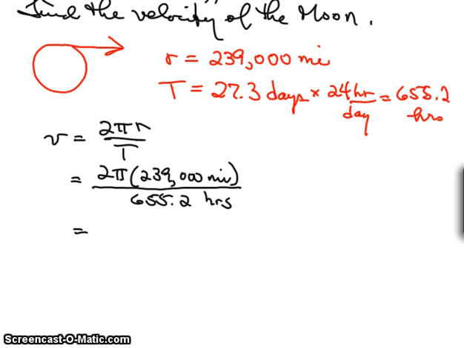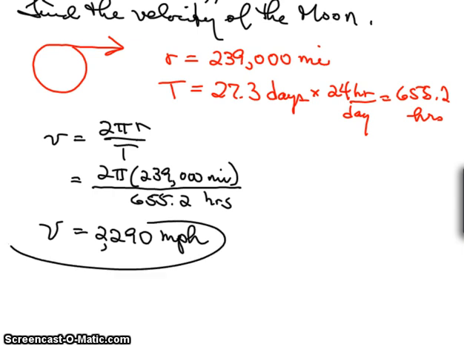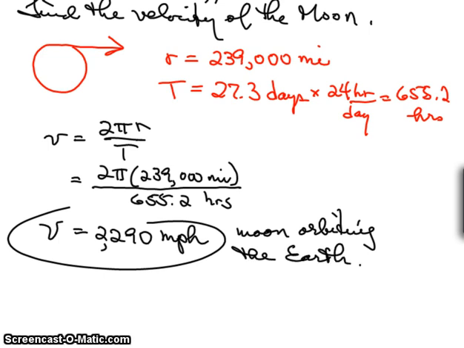And we end up with 2,290 miles per hour for the velocity of the moon orbiting the Earth. Which sounds fast, but it actually isn't fast for an astronomical object. The Earth is actually moving much faster, something close to 70,000 miles an hour as it orbits the sun. That's another calculation we'll do some other time.